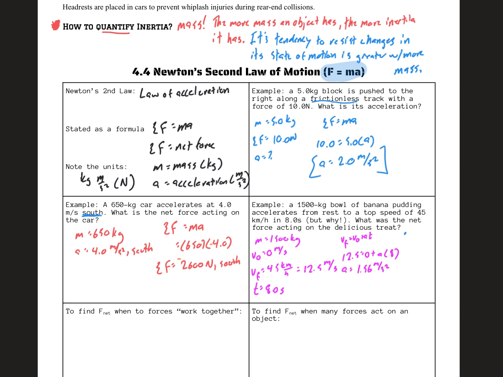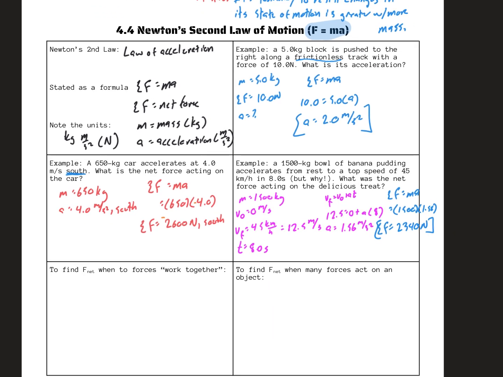I can then use my net force equation to plug in the mass and the acceleration to get a net force of 2340 newtons acting on the delicious treat.